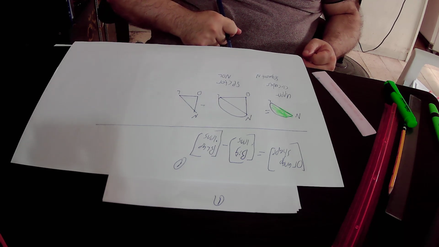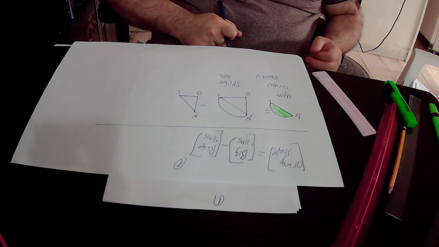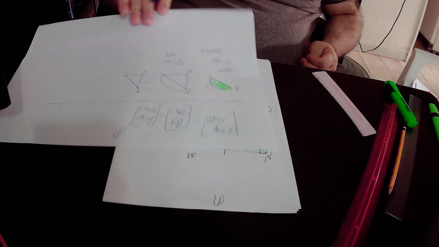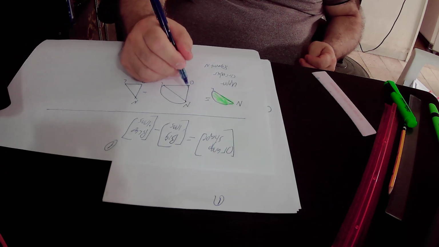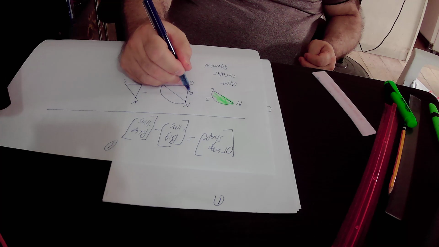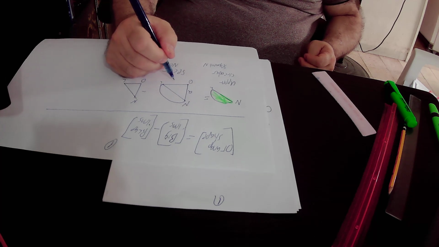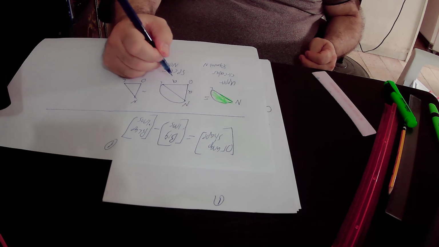Okay. Side NO equals A units. Side OL also equals A units in length.